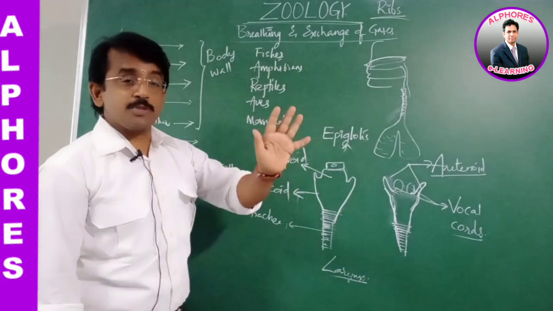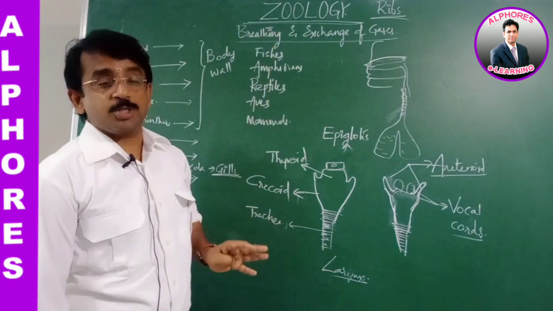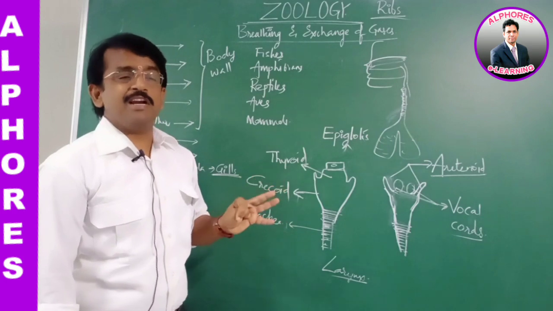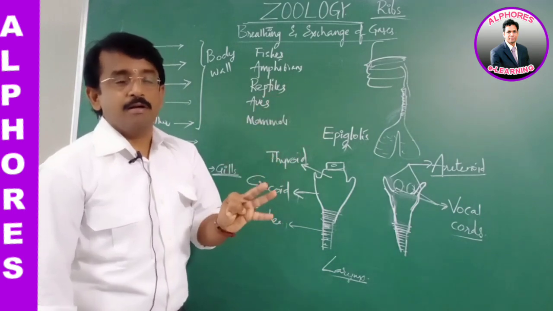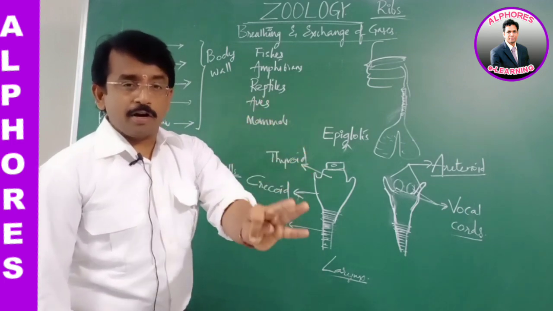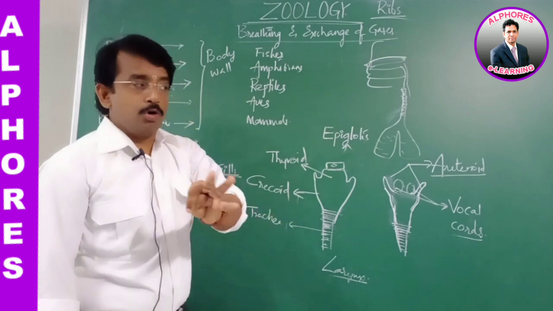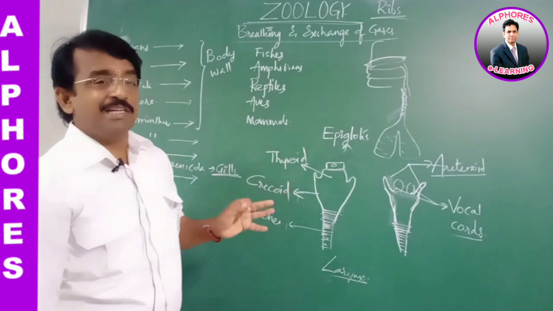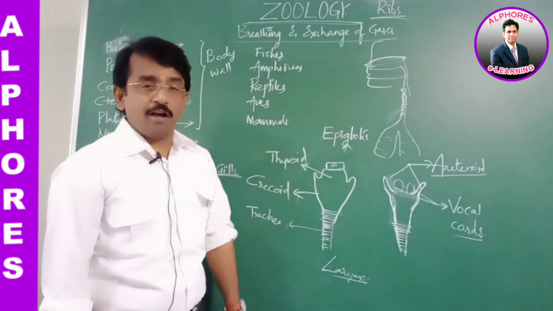The respiratory organs we see in arthropods are gills in crustaceans like Palaemon, and trachea in tracheate animals: insects, chilopods, diplopods, Periplaneta americana, and zoolus.